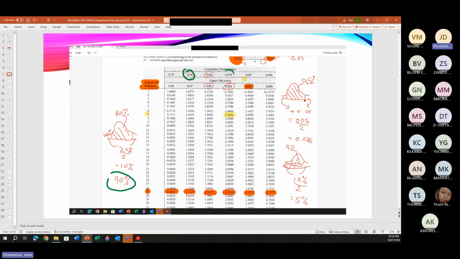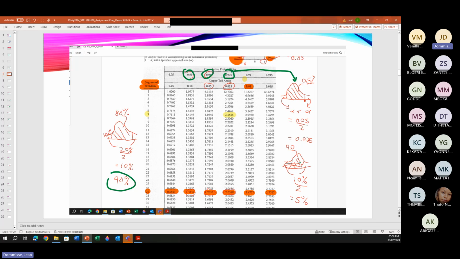So your 95% confidence interval was actually 0.975. And for 90, we needed to add 5%.